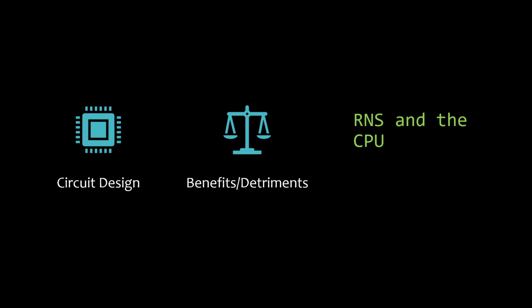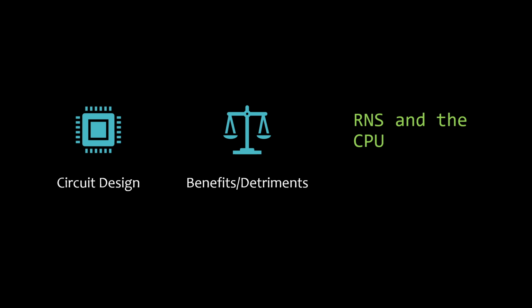Now, for benefits and detriments to the actual speed of executing instructions of the CPU in general, for memory access, so your load and store commands, it's dependent on what type of memory system you're using. For addition and other arithmetic, it is much faster than a standard CPU because the values are extremely computable.